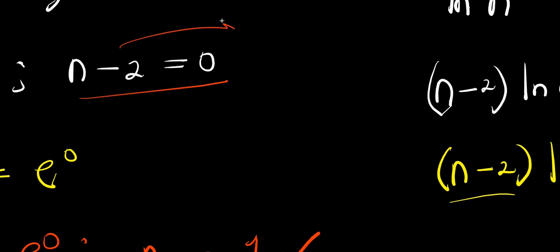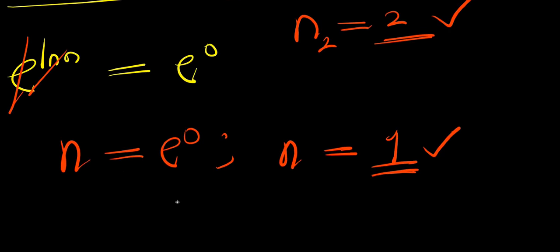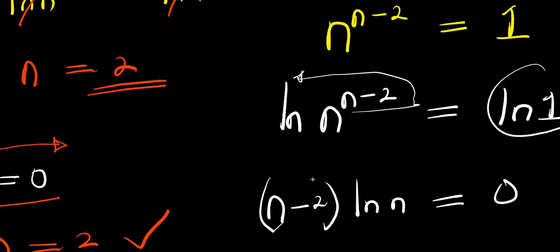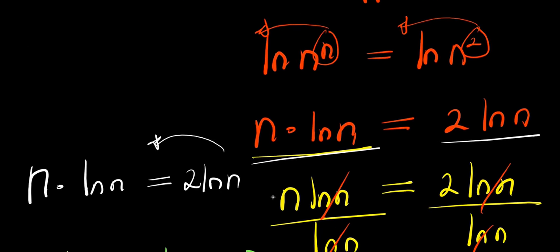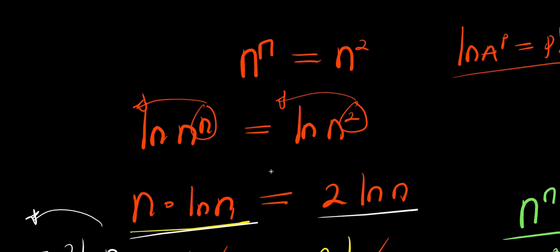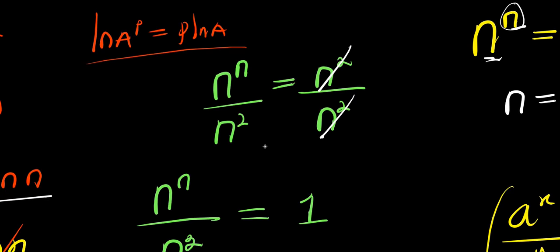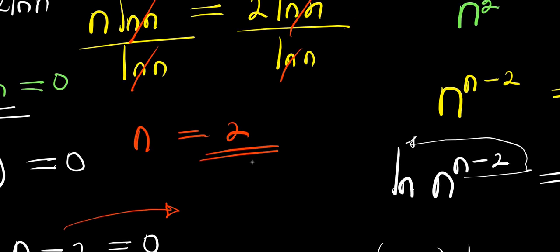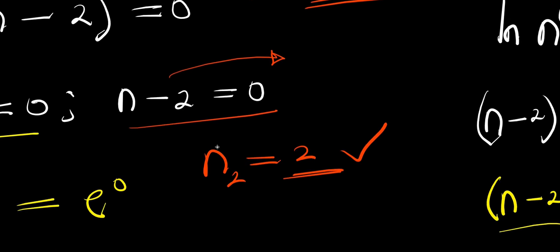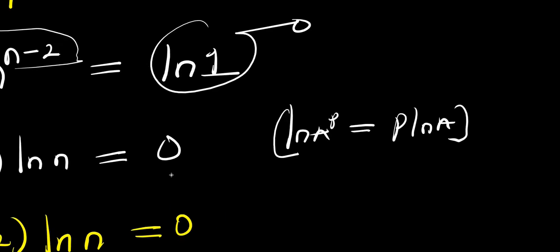I can move negative 2 over here. I have n equals 2. So this also gives me the same solutions, 2 and 1. So these are different ways you can solve this exponential problem. You can directly apply natural log, or you can divide by n^2 before you then apply the natural log. At the end, you are still going to have the same solution.